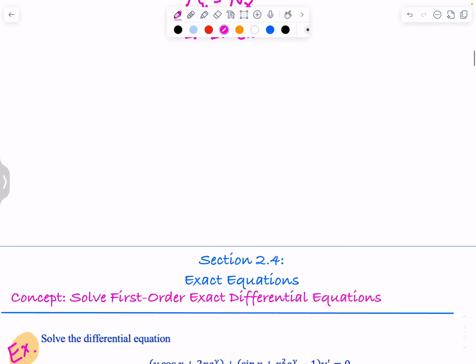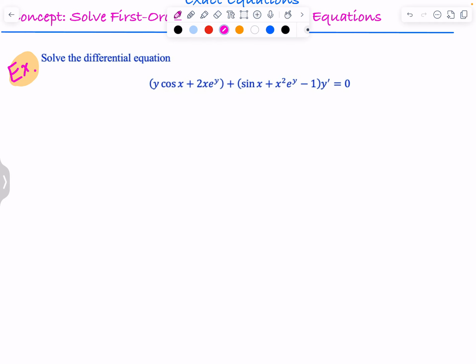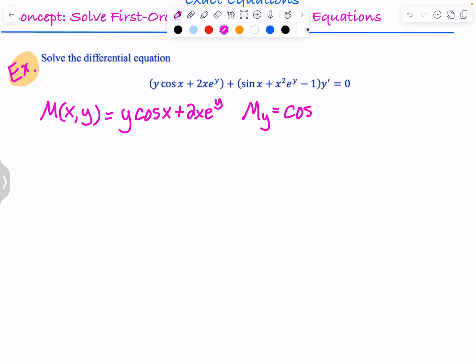All right, we're going to do a few examples. So it says solve the differential equation. I'm going to write down the things just to make it clear. M in this case will be y cosine x plus 2xe^y. So I'm going to take the partial of that with y. I'm checking for exactness. So I get cosine x plus, and then that thing just repeats itself, just the same thing.